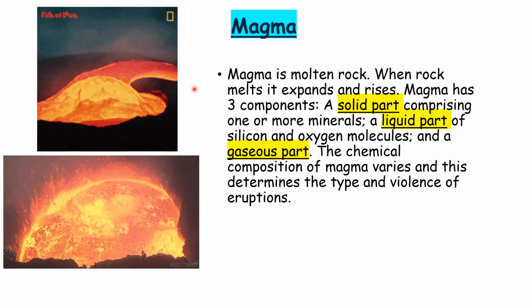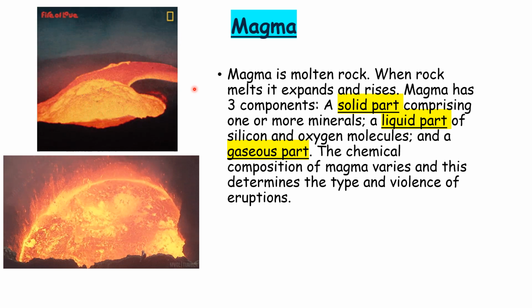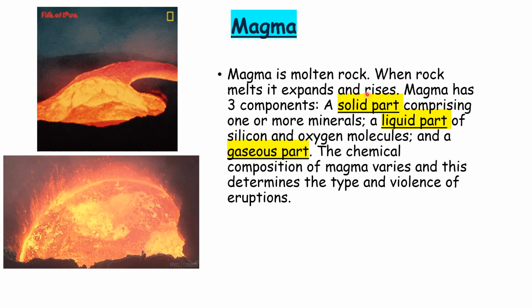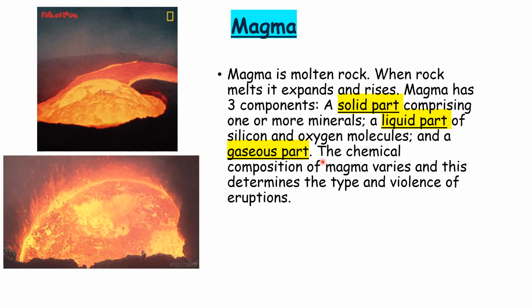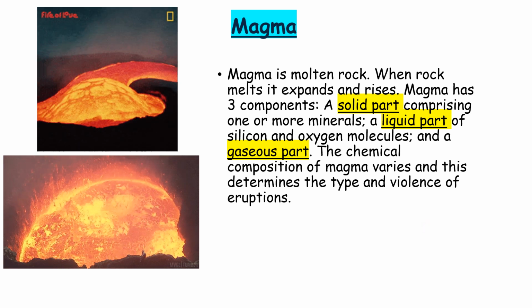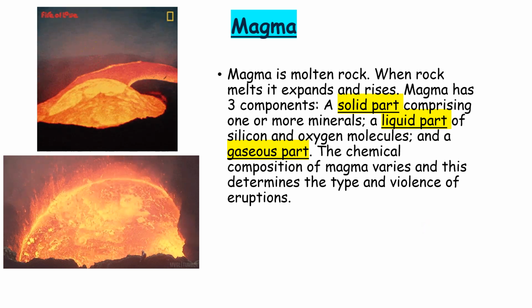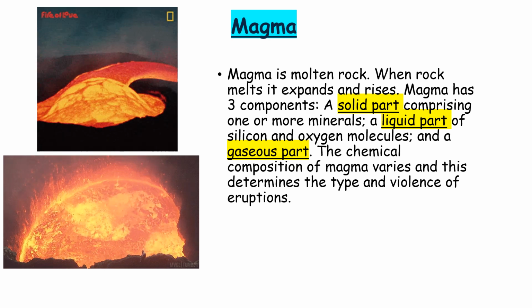It can be really slow and bubbly, and some of it can act like fireworks. So it has different consistency. It's got the solid part, which is the mineral content, a liquid part, and it also contains different sorts of gases. That can determine landforms, but also the type of volcanic eruptions that take place.